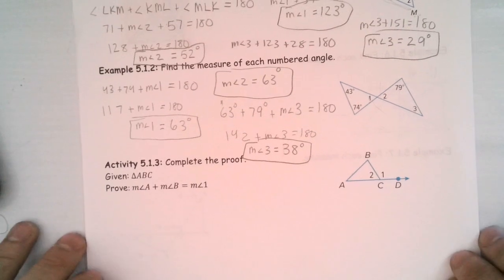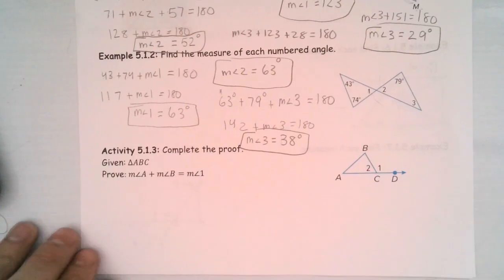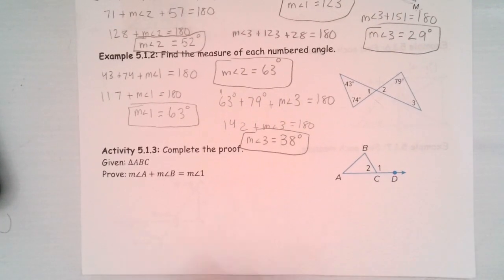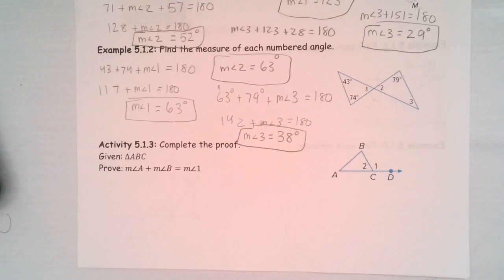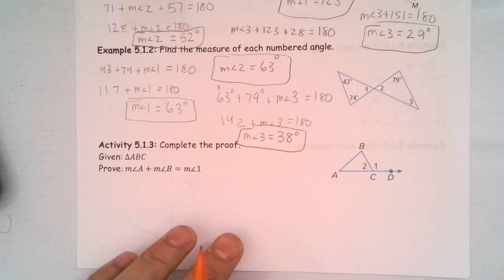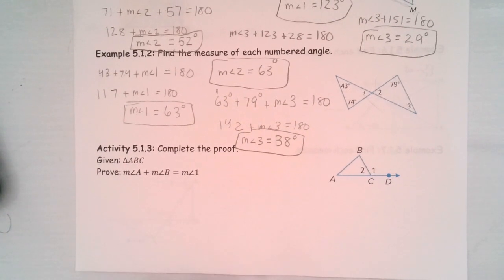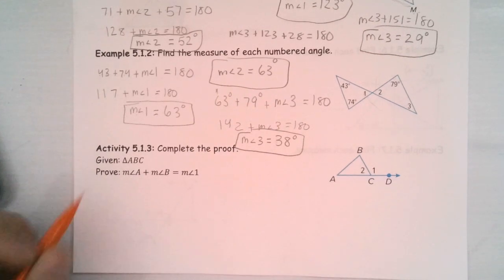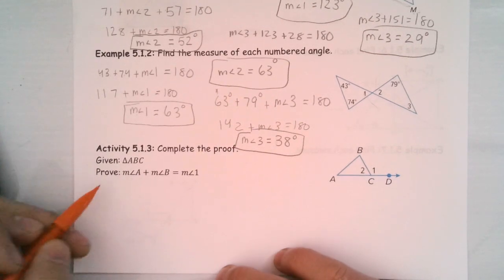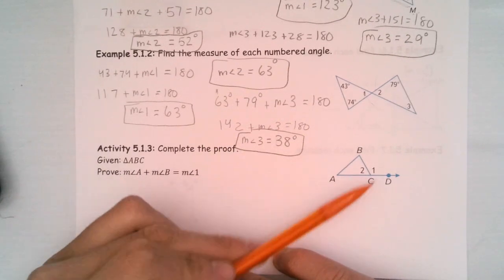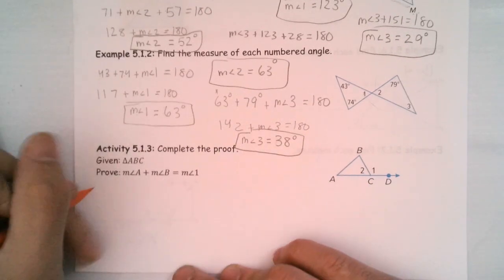The last example on this first page is a proof. So we're actually going to prove the exterior angle theorem. My apologies. So here's what we have to start off with. We start with this triangle ABC, right?